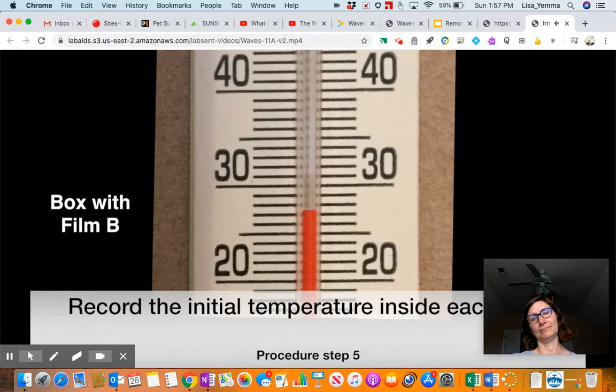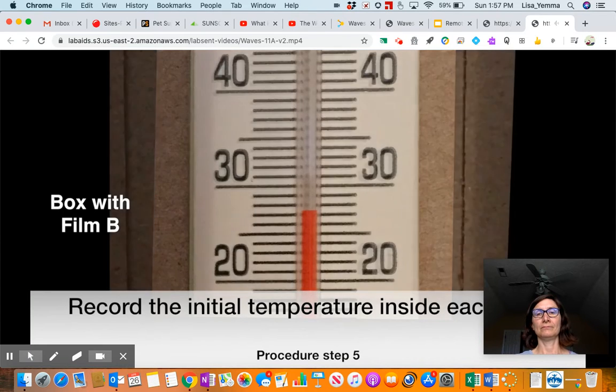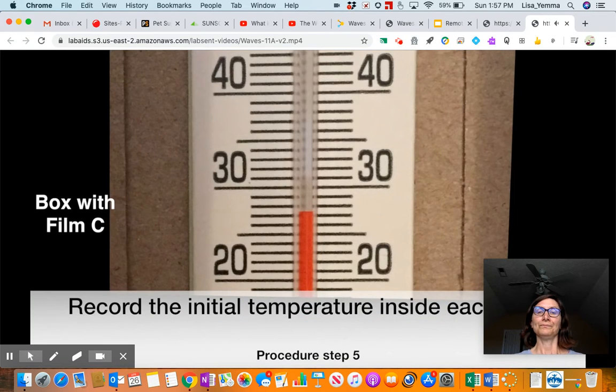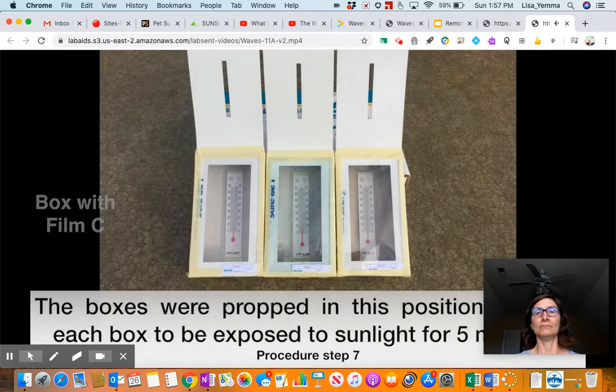Box with film B. Box with film C. The boxes were propped in this position, allowing each box to be exposed to sunlight for 5 minutes.